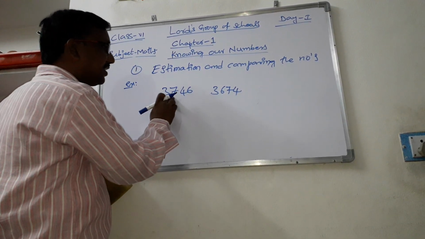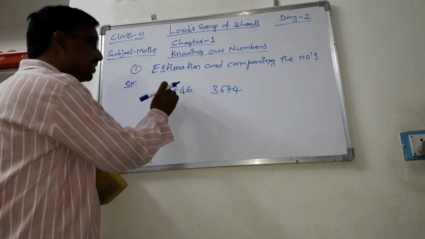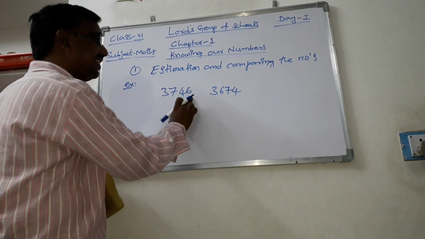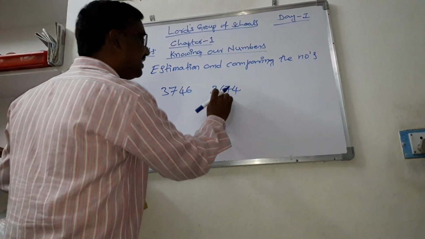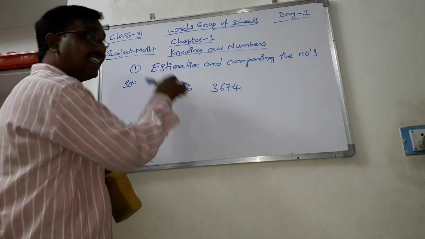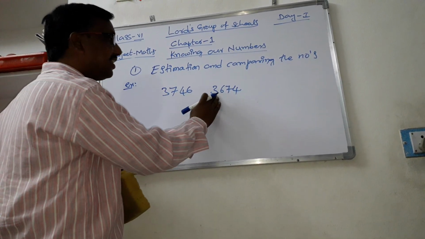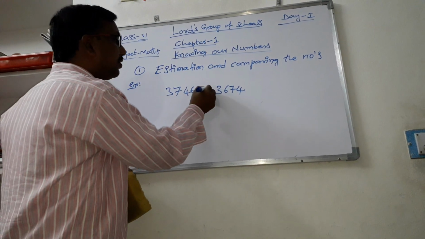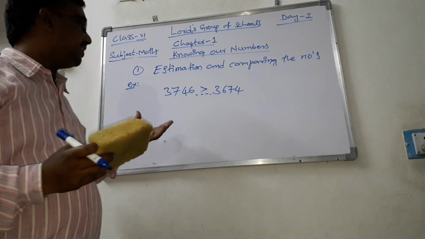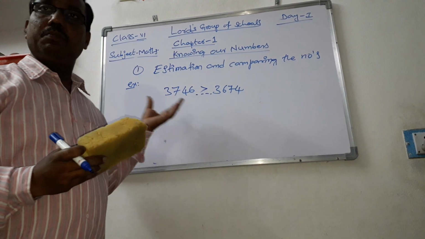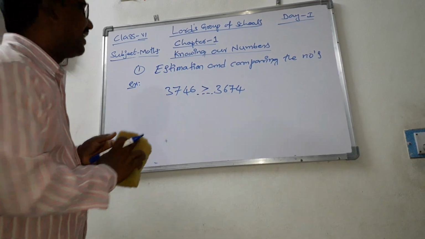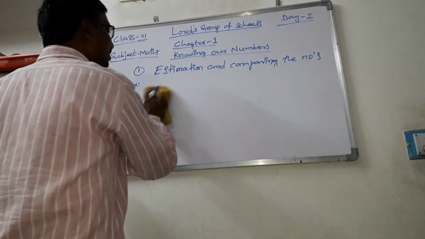Here the hundreds digit is 7, here it is 6. Obviously 7 is greater than 6. We read this as 3746 and this as 3674. So 3746 is greater than 3674. So put the greater than symbol in between them. This is how we compare two numbers and represent which is greater and which is smaller.